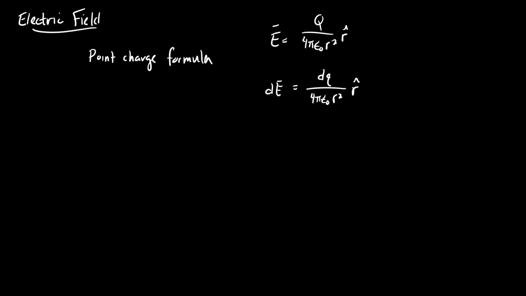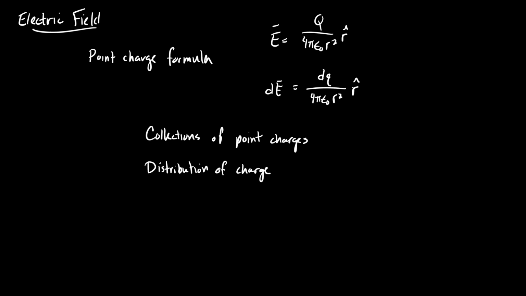When does this work? Well, this works for collections of charges. That's one way it works. Or a distribution of charge. It would work for any distribution of charge if you can do the math on it.